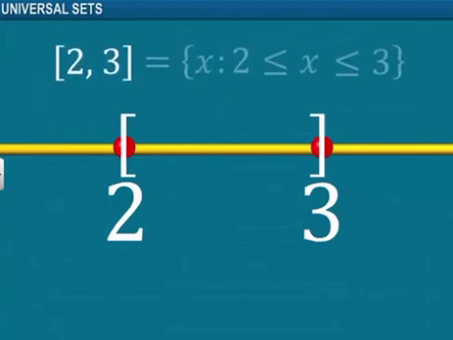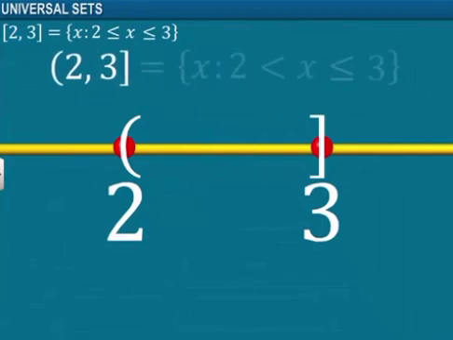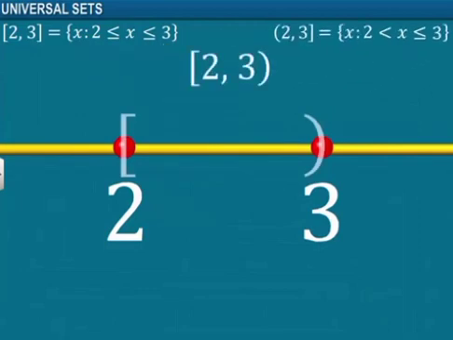In set builder notation, the interval is represented as shown. The second interval is all the numbers within the interval 2 and 3, excluding the number 2. This is represented in set builder notation as shown. The third interval is all the numbers within the interval 2 and 3, excluding 3.